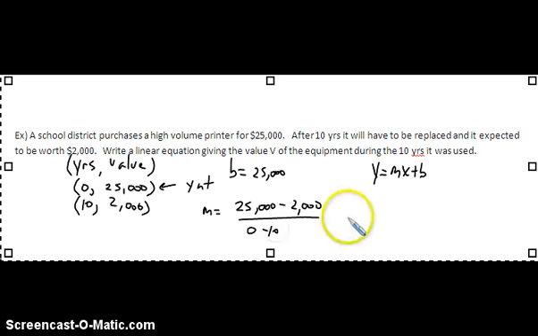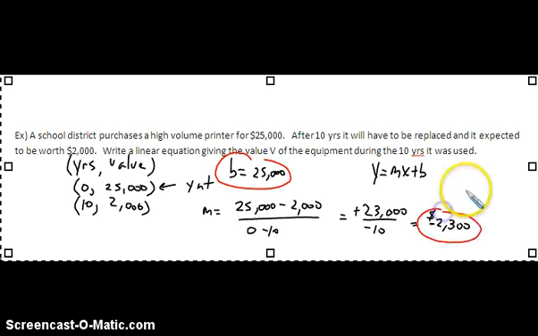And I end up with negative 23,000 over negative 10, and that makes my slope be 2,300. Negative 2,300, because this is actually positive. So now I can write my equation, plug in my b and plug in my m. y equals negative 2,300 x plus 25,000. And actually they said find the value v, so you'd want to write that as a v.